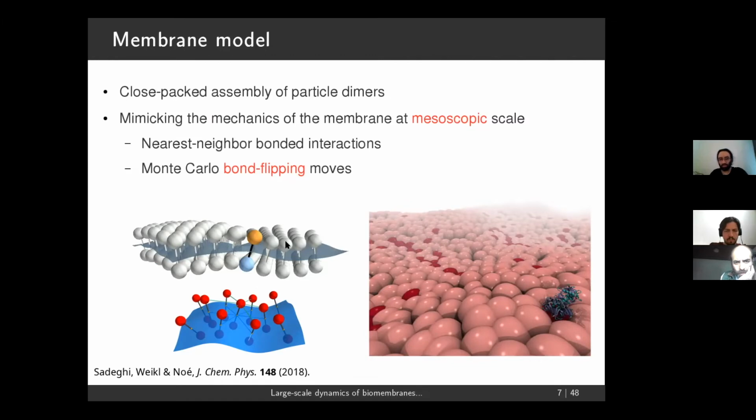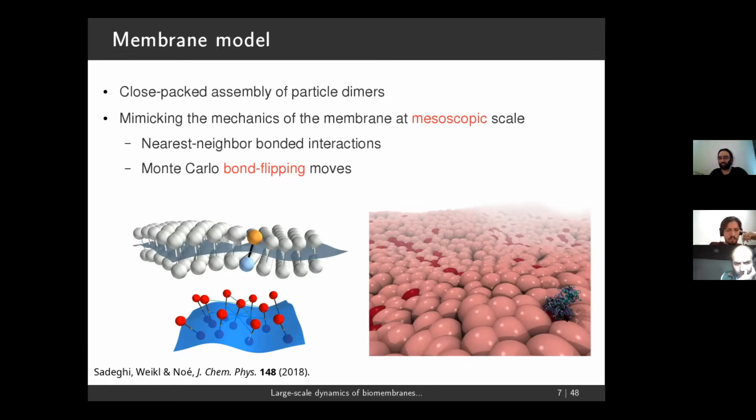You can think of it as an in-plane hexagonal lattice, and they only interact with their nearest neighbors through bonded interactions, and they also have out-of-plane angle bending between these in-plane and out-of-plane bonds. And we try to parameterize this model so that it would reproduce the mechanics of the membrane to the resolution that is possible.